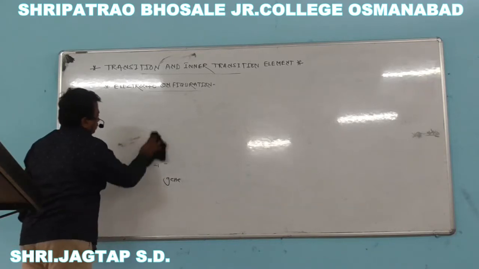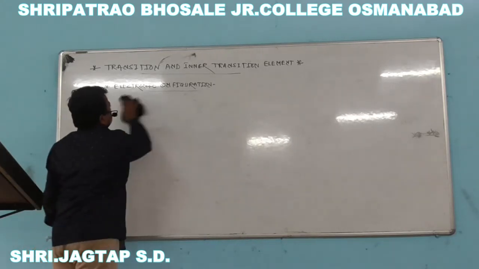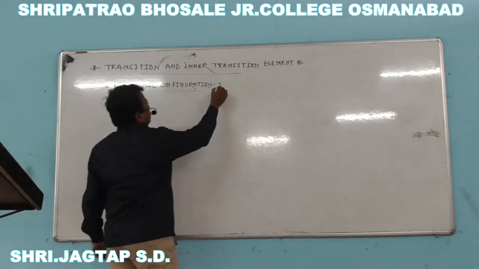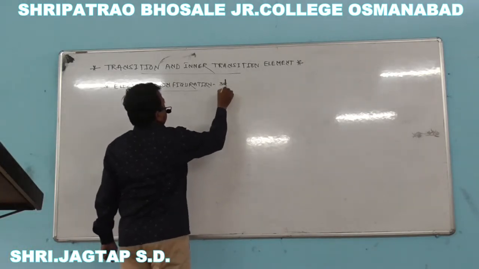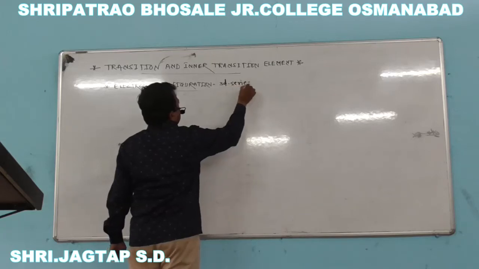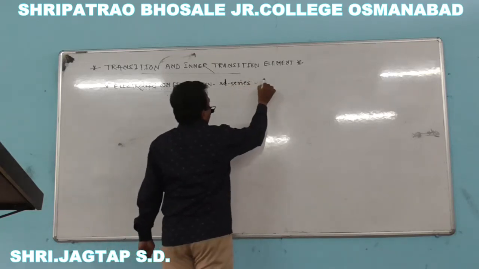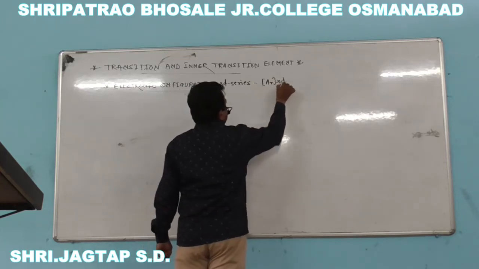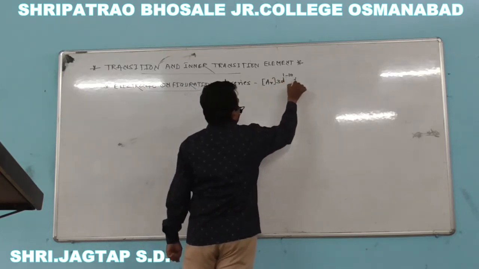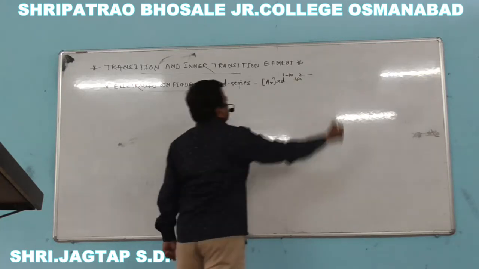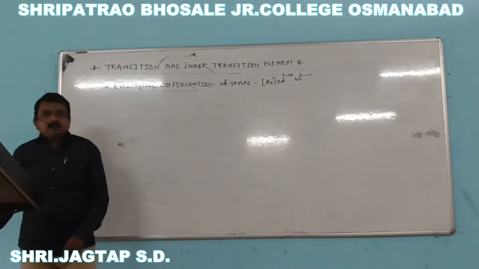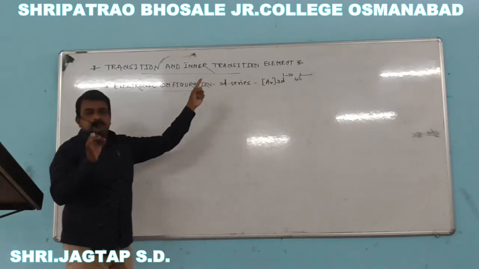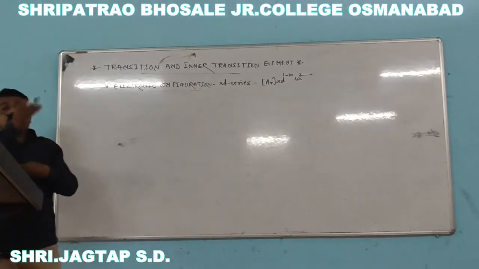Listen carefully. The general electronic configuration of the 3d series may be argon 3d 1 to 10 4s2. That is, the filling of the 3d orbitals takes place successively in each element.